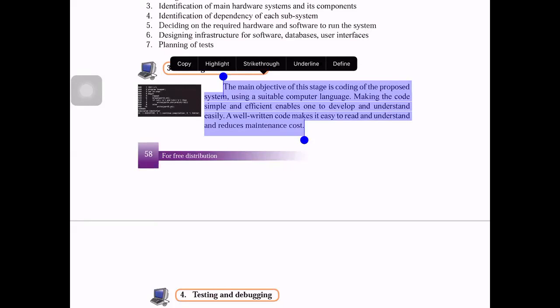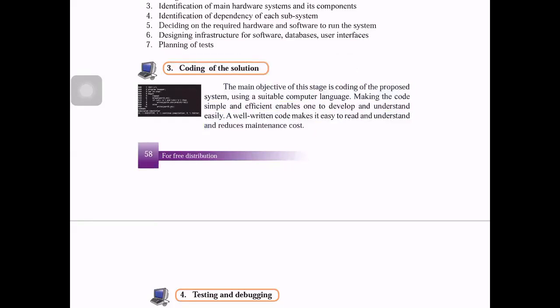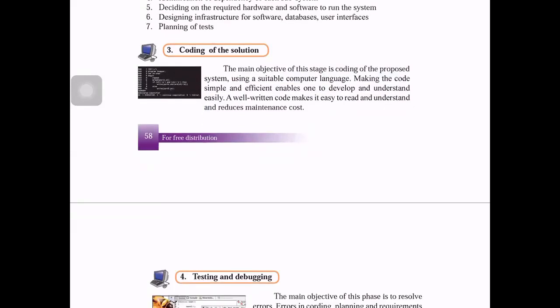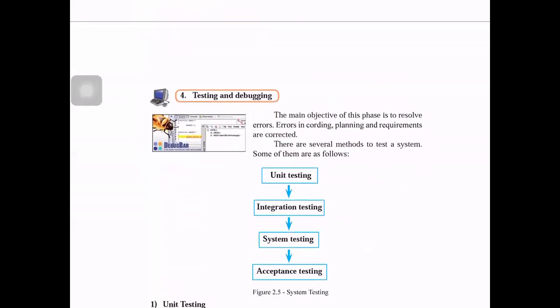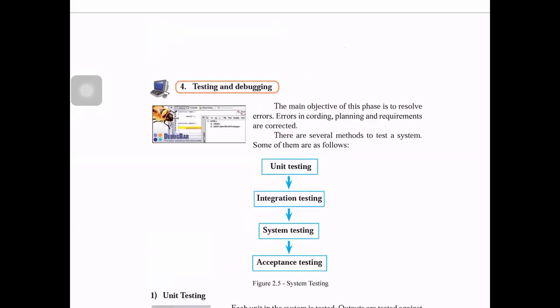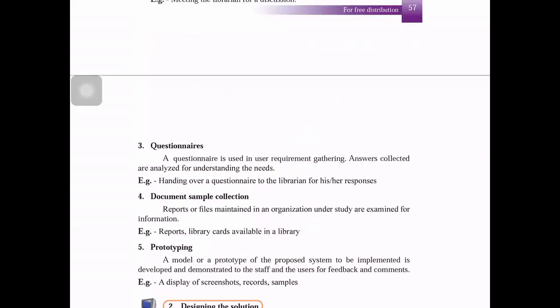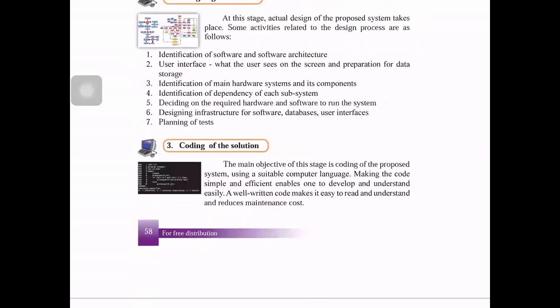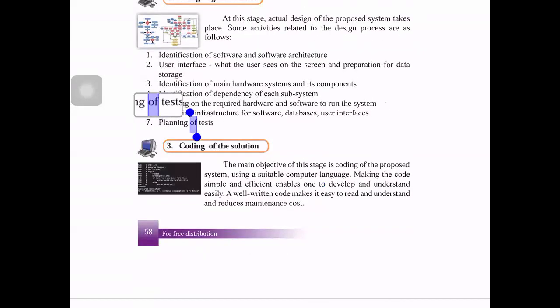So just remember, we have done 3 phases regarding the system development life cycle. Right, and the 4th phase is about testing and debugging. Did you remember that in the 2nd phase I mentioned as the last step, planning of the tests, right?